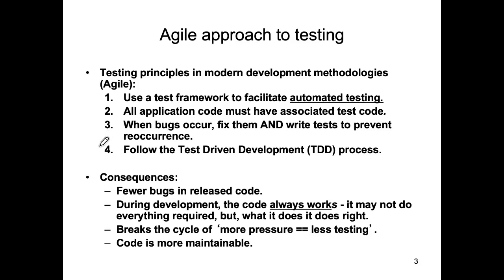And finally, follow the test-driven development process. I'll talk about that at the end. Arguably, I could say this point number 4 is optional. It's quite a difficult skill to master, this test-driven development approach, but I'll talk about it at the end. So the first 3 we can probably relate to, not number 4 at this stage, maybe.